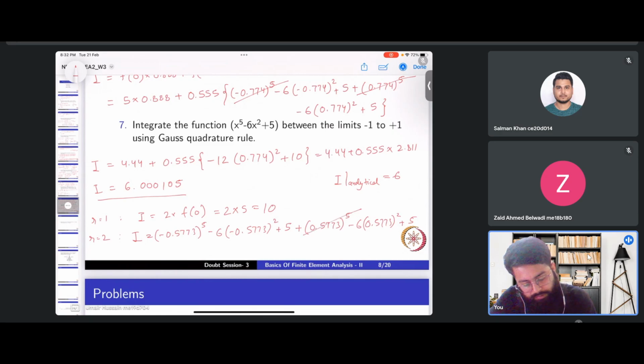So these two terms would cancel out, and then we have minus 12 times 0.5773 square plus 10. So what do we get?